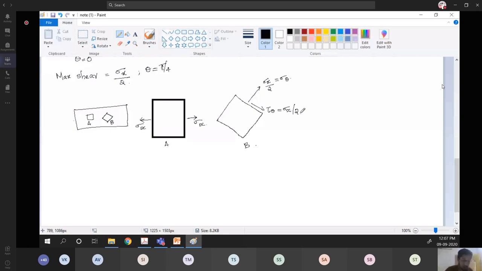Okay, so what can you say about the forces here? Like on this plane, what will be the sigma x and tau theta? You just need to add sigma x by 2, sigma theta and tau theta.